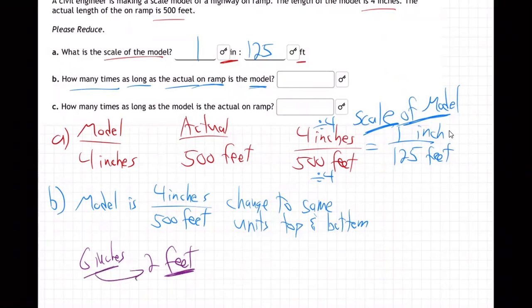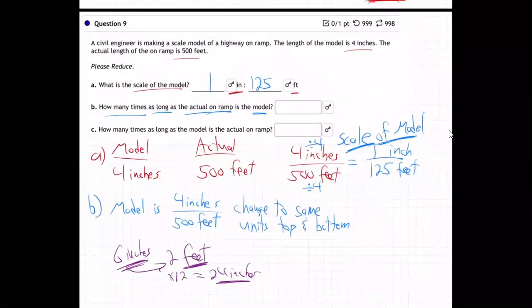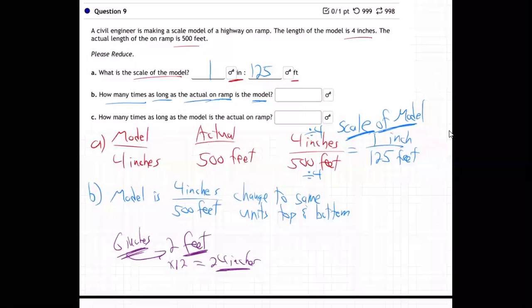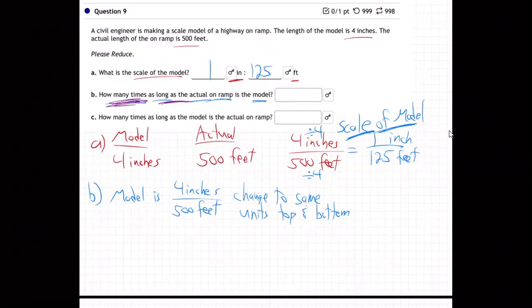How many times bigger is that? You would need to say, well, 2 feet is 2 times 12, which is 24 inches. And so 6 inches is 1/4 of that. You see, you have to get them in the same units to figure out what part one thing is of another, don't you? To answer the question that they're asking, how many times as long, you've got to get them in the same units.